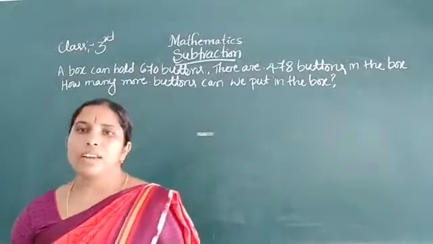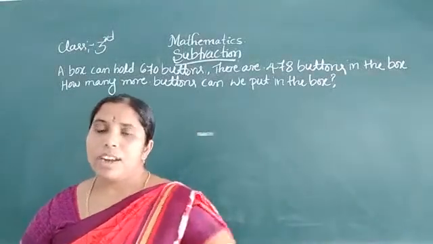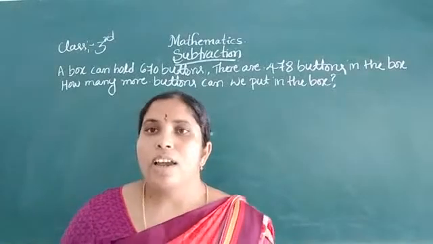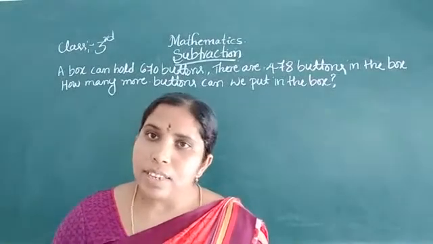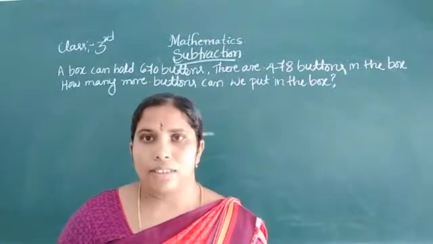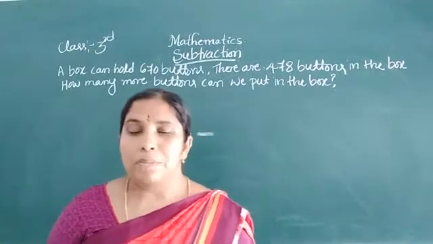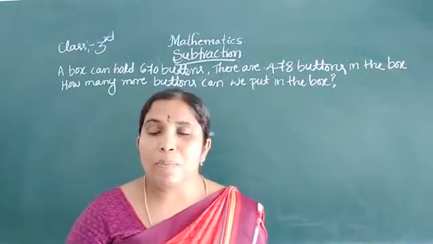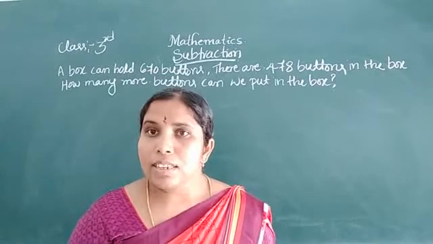See here, observe the question. It is also a very easy question. A box can hold 670 buttons. That means the capacity of a box is 670 buttons.